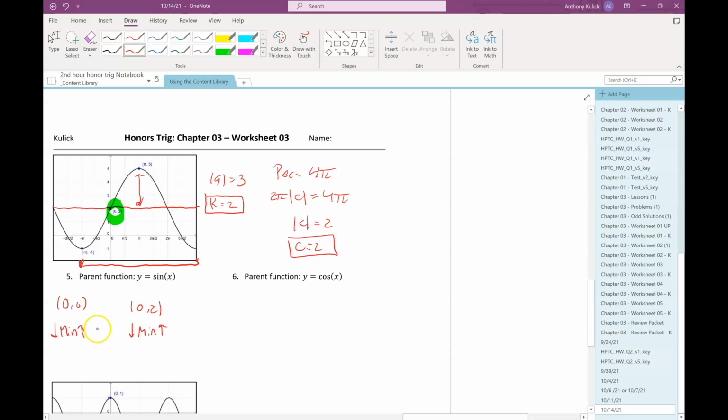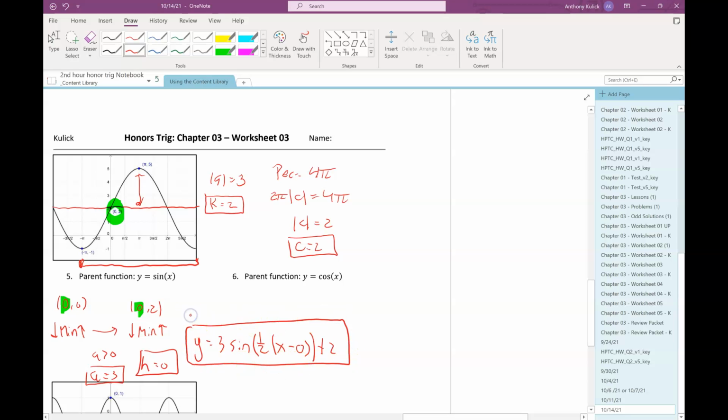So that tells me that a is positive and h is 0. So we can say y equals 3 sine of 1 over 2 x minus 0, plus 2. So far so good?